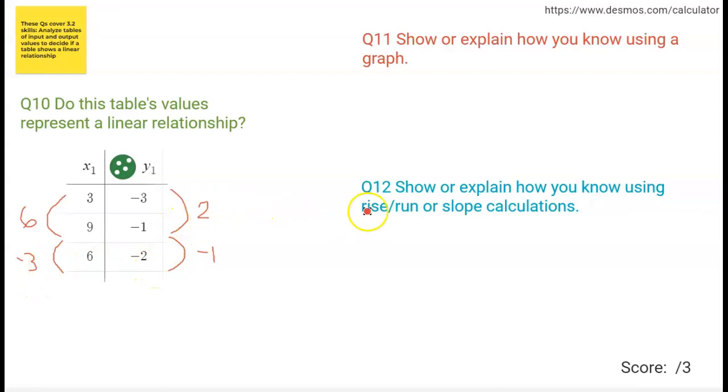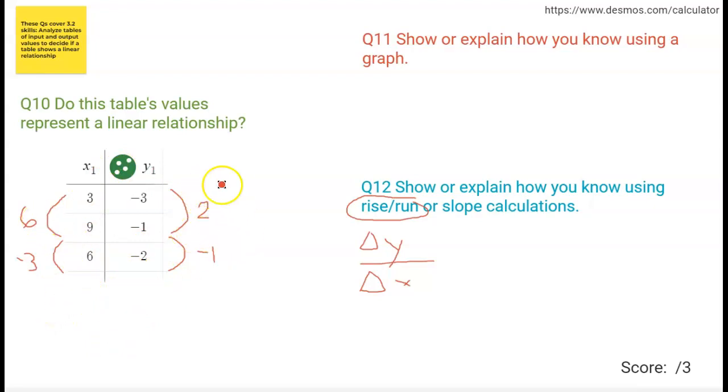Remember that slope is rise over run, and that's the change in y over the change in x, or vertical change over horizontal change. So let's do a little bit more calculation to make sure we make the right decision.